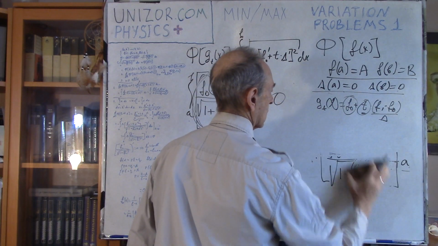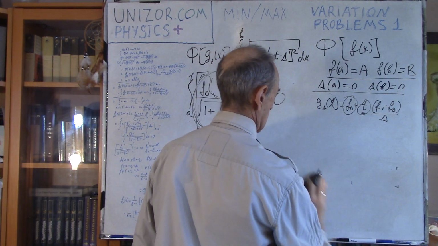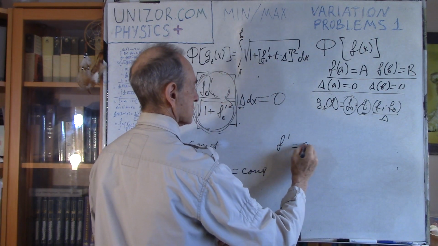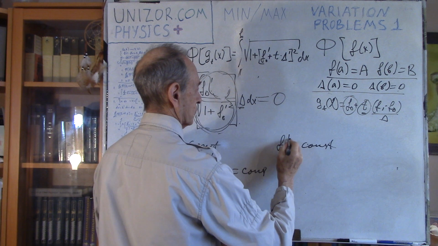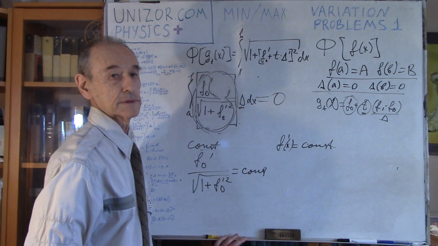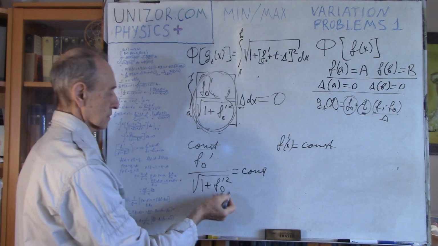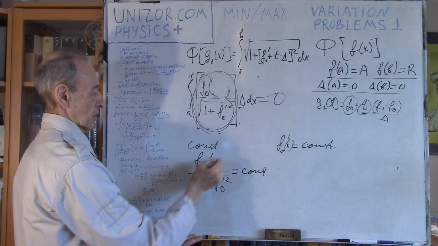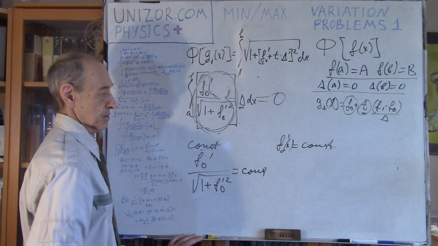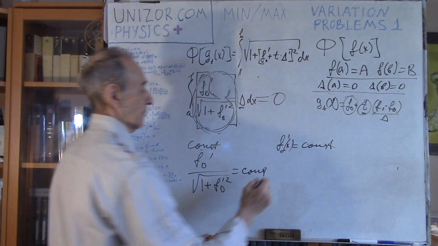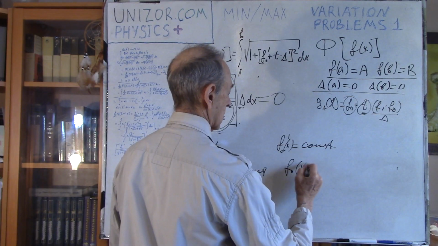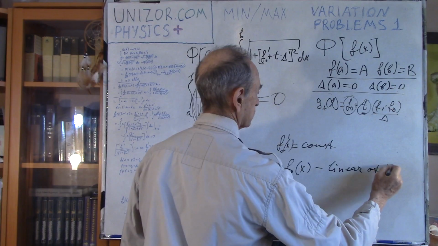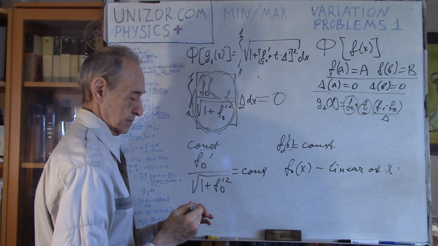What does it mean? It means that f0 prime is constant. So if this is constant, it means f0 prime is supposed to be constant, which means f0 of x is a linear function of x, right?